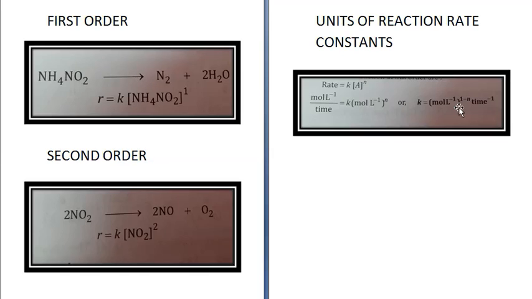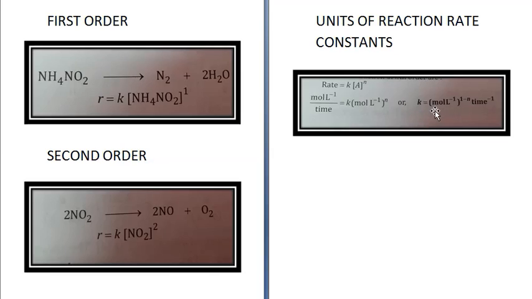Now if you look at a zero order reaction, the unit of K will be what? 1 minus n is what? n is 0, so it becomes mole per liter per time.